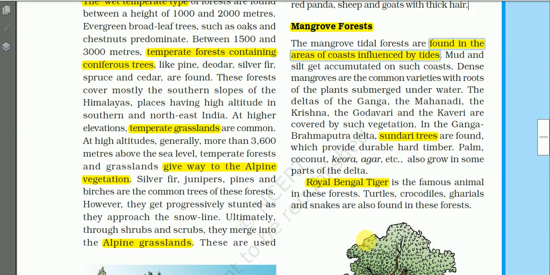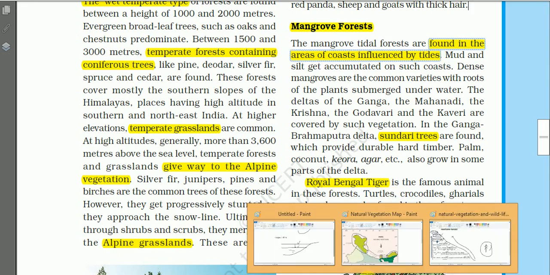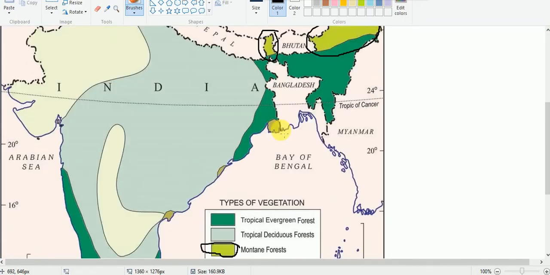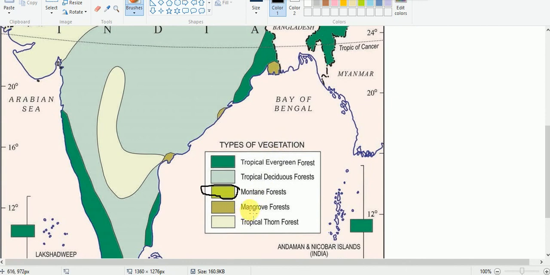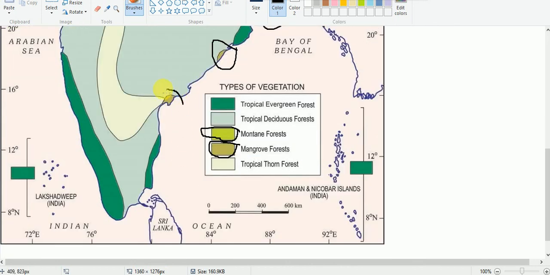Generally we find these mangrove forests in the areas affected by tides. See here we have the map, and this color code shows mangrove forest. In the Sundarban area we find mangrove, Mahanadi Delta, then Godavari Delta.